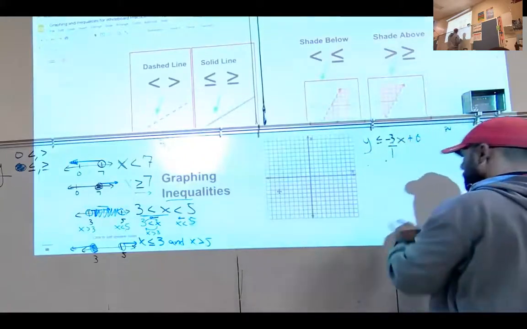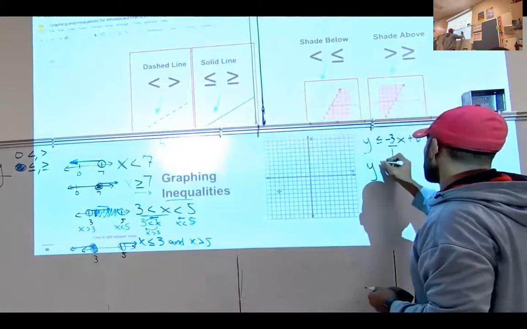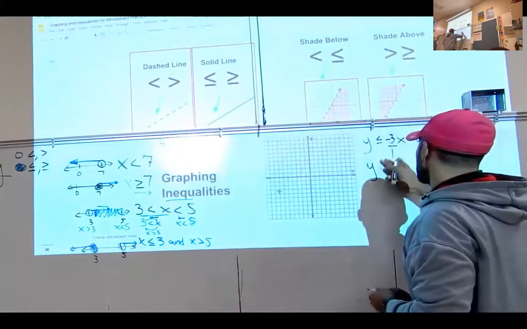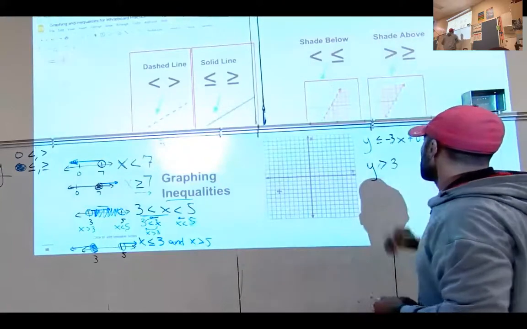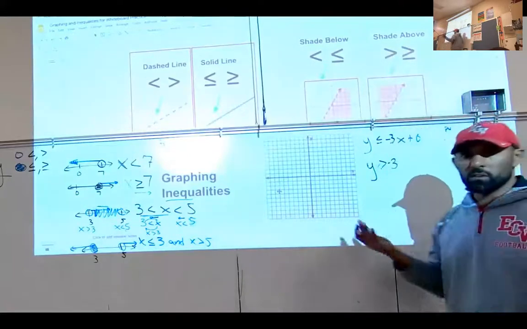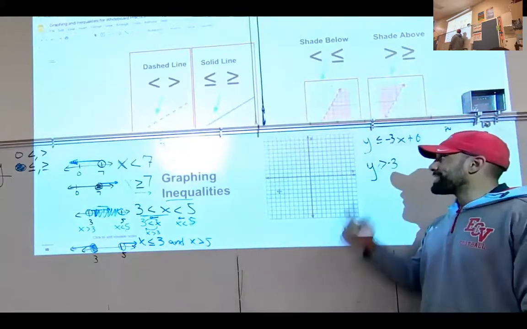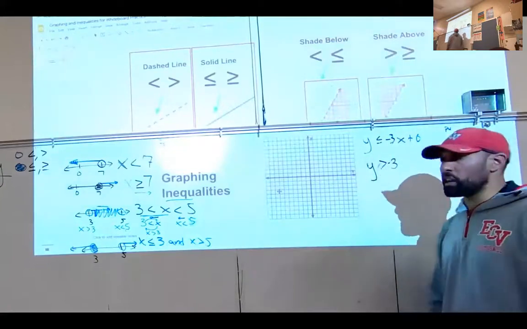All right. Now, what if I have this? Y is greater than, actually, let's make that a -3, just so they're the same number. I want you to notice the difference. This is not the same line as that. They are not the same line.